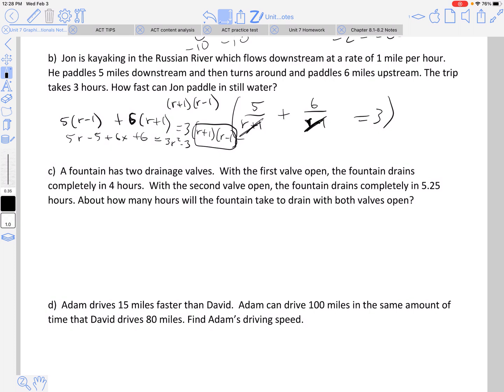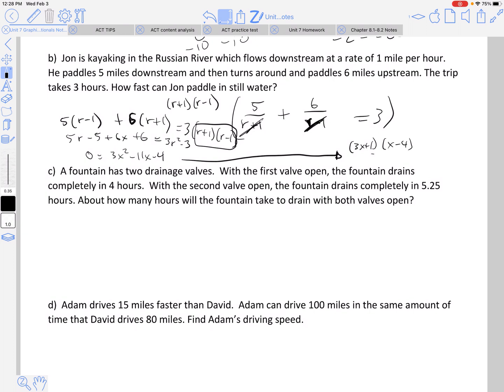I'm going to quickly combine like terms, because we've kind of already done this before. And I'm going to get 0 equals 3r squared minus 11r minus 4. Now I'm going to factor that, so I'm going to do 3 times negative 4, my a times my c, but when I factor, I'm going to get 3r plus 1 and r minus 4.